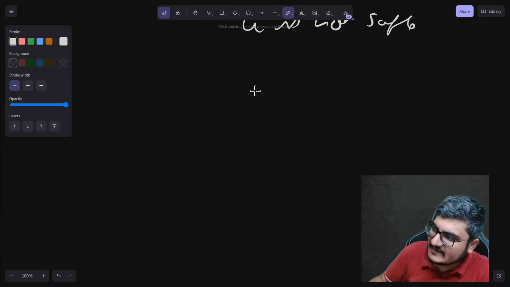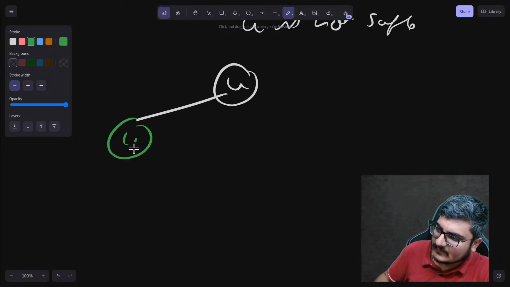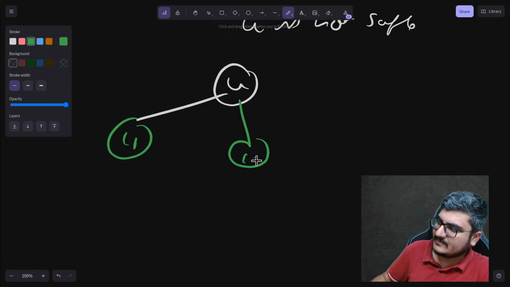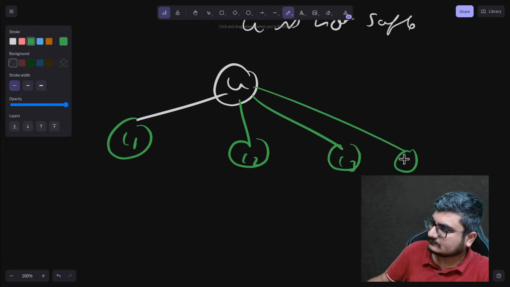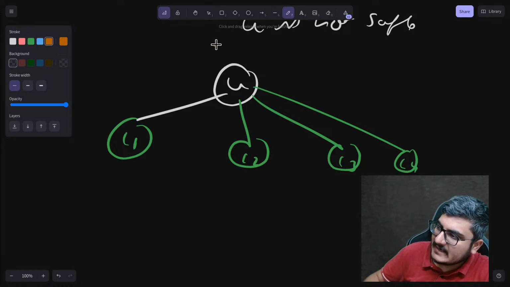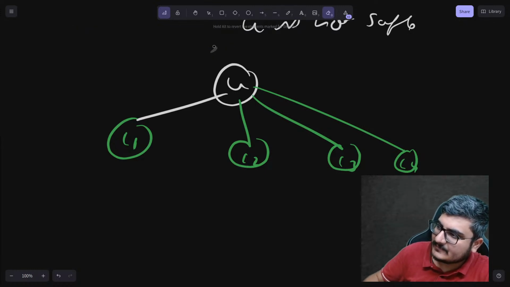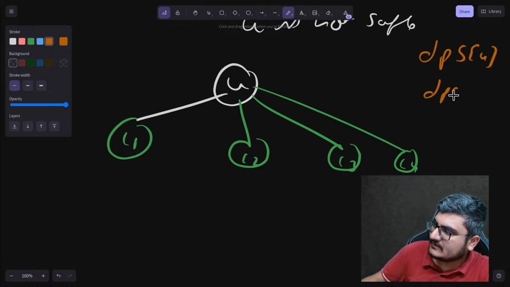Our idea would be, let's look at this node U. It has multiple children. Let's say DP safe and DP not safe, where DP not safe is when U is not safe.